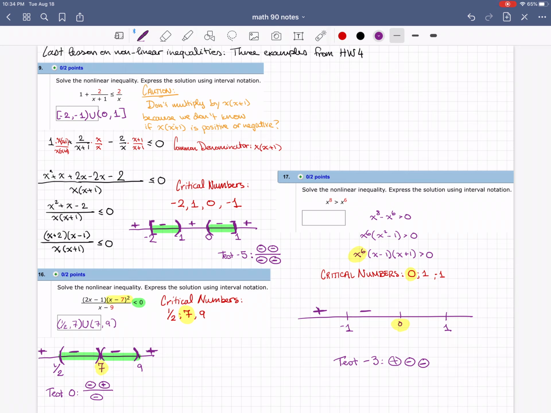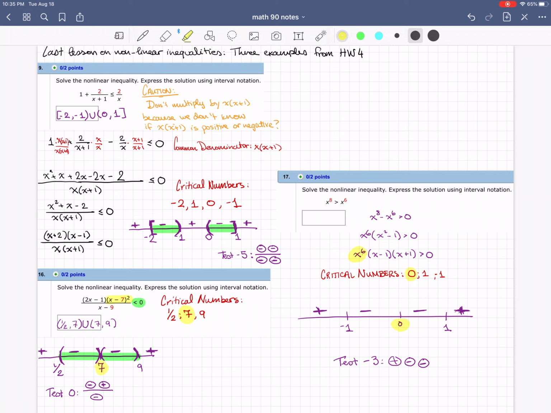And we will still have a negative on the other side of 0, because there is no change in sign as we pass through 0, since 0 came from a non-negative factor. Last but not least, there is a change in sign as we pass through 1. So that becomes a plus.